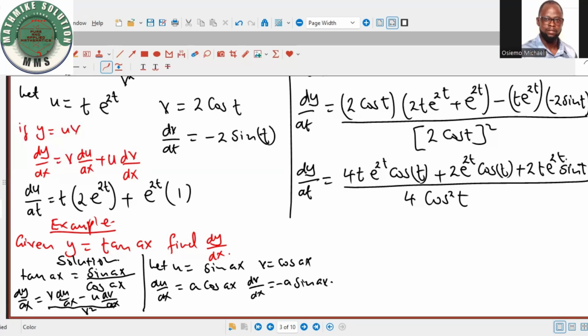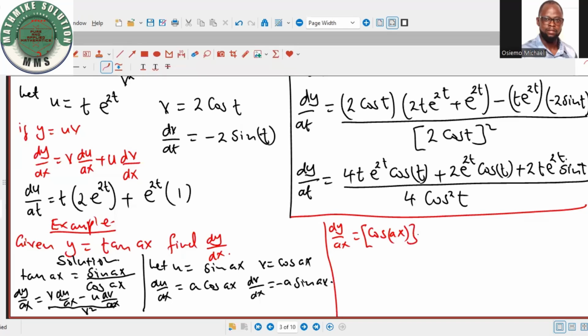Then from there, we substitute into our formula that dy/dx is equal to our v, cos ax, and then our du/dx is a cos ax, minus, then our u is sine ax, and then our dv/dx is negative a sine ax, and all this over our v squared, which is cos squared ax.